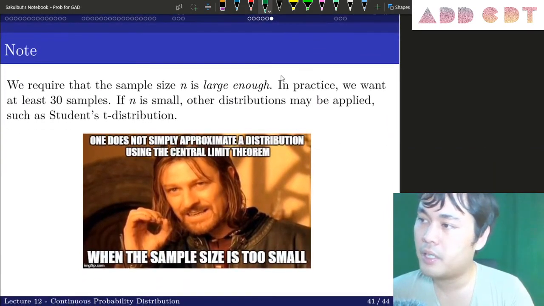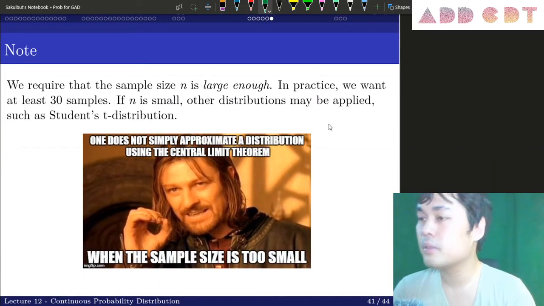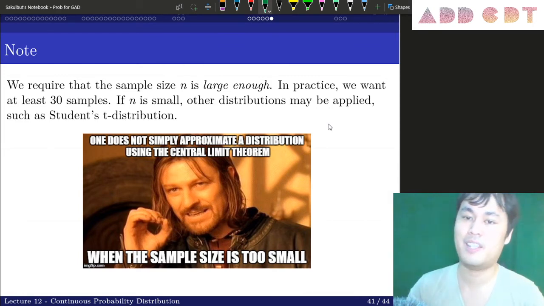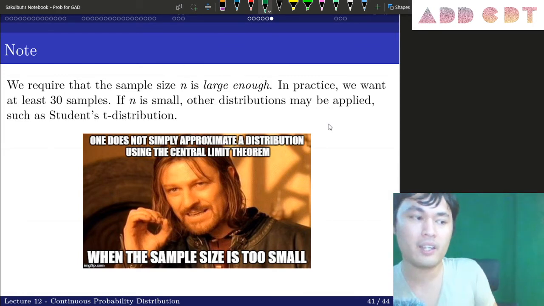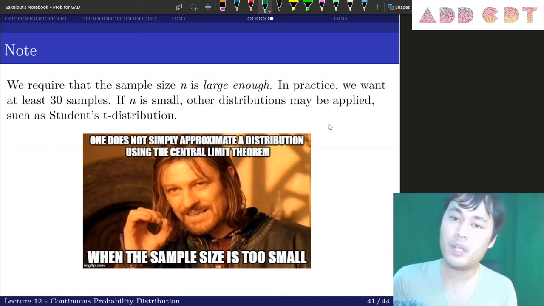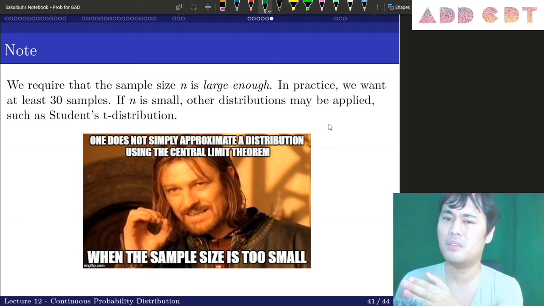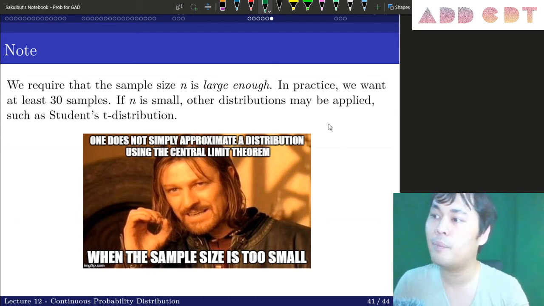And just for a note, we require that the size is large enough, but what is large is kind of a vague idea. Maybe if n is too large, then it's not practical. If n is too small, then it's not accurate. So we have to balance between these two parameters.